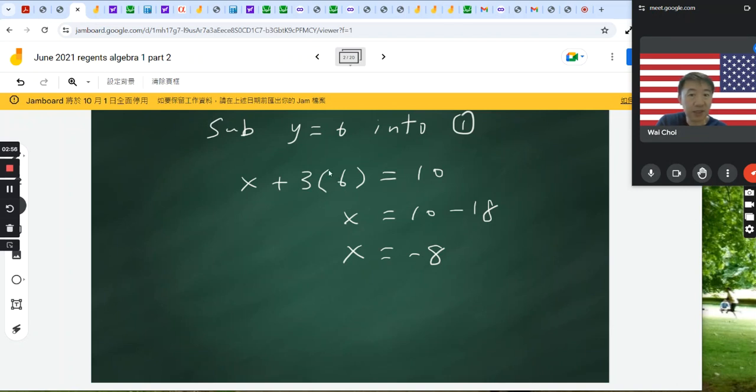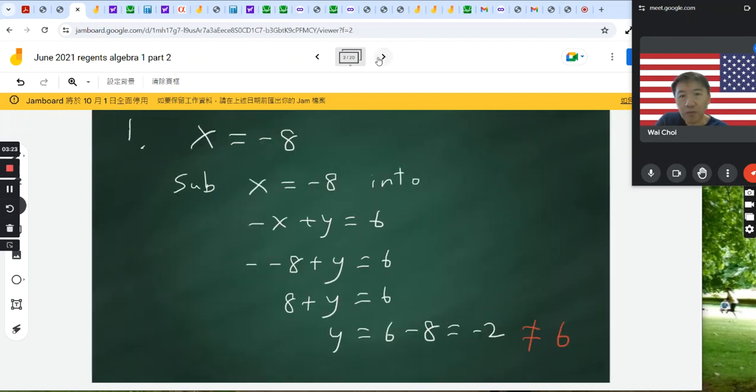So 3 times 6 is 18, right? x plus 18 equals 10, and x is equal to 10 minus 18. You subtract 18 from both sides of the equation, and so x is equal to negative 8. So we know the xy value of the solution to the system: x equals negative 8, y equals 6.